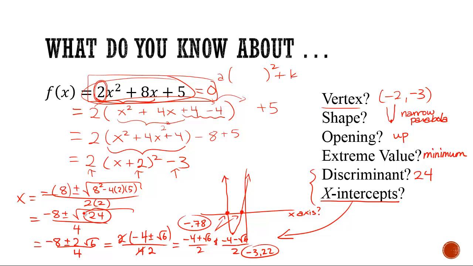So if the discriminant, say, was 0, then you would only have 1 answer. If the discriminant was negative, you would have no answer, so it wouldn't be crossing. We'll review that in a little bit, but these are some of the things that are important to look at when you have an equation, and sometimes they're useful in solving a problem.